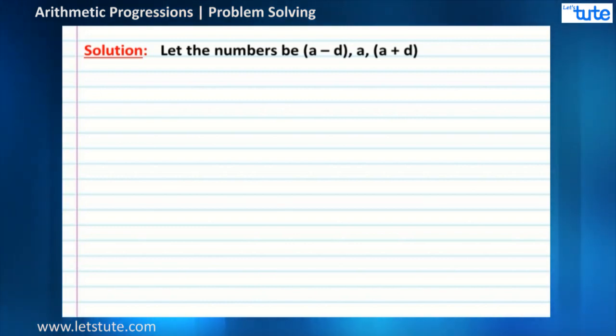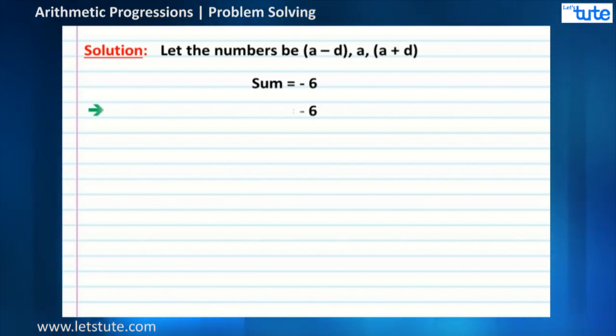Now in the question, it has been given to us that the sum of three consecutive numbers is -6. That is, sum is equal to -6. When you all hear the word sum, what comes to your mind? Yes, that's right, it means addition. So we need to add up all the three terms.